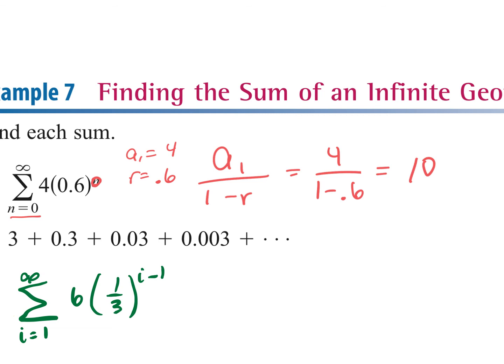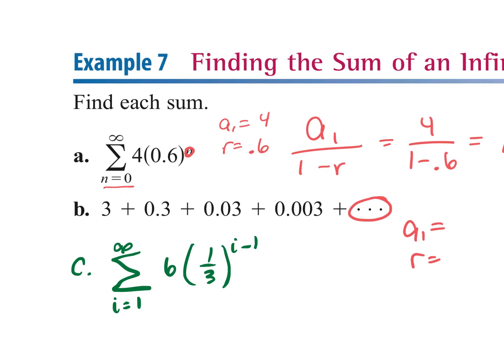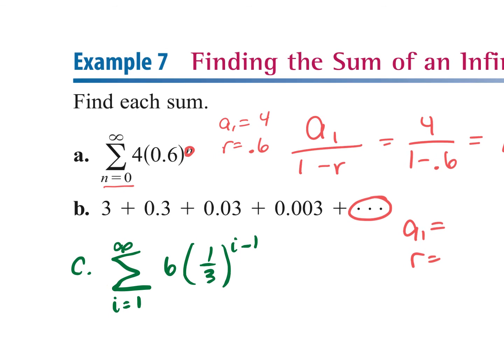So now if I look at B, how do I know that B is an infinite? The dot, dot, dot. That means, oh okay, all I need to know are two things. I just need to know the first term, and I need to know the ratio. So looking at this, what is a1? What's the first term you see? 3. I can't figure out the ratio just by looking at it. Well, you can, but how would I figure out what the ratio is?